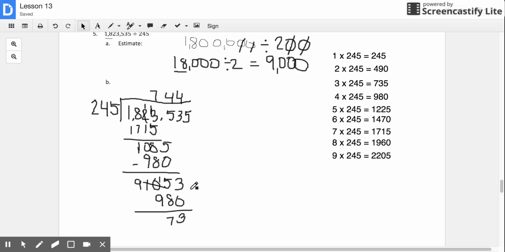We're going to bring down our last digit, the 5, in the ones place, and this is 735. Looking over here, that's exactly 3 multiples of 245. So 3 times 245 is 735.